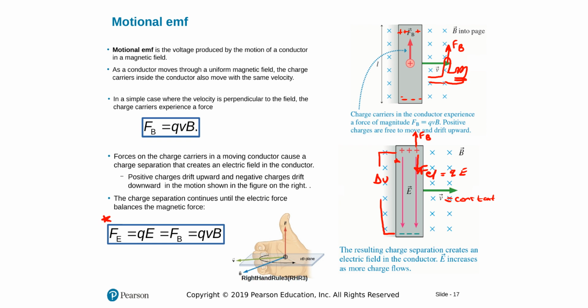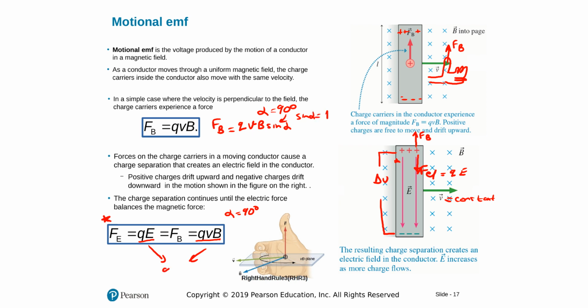What we can do is put down the equations. Remember, electric force QE, magnetic force QVB. Here alpha is 90 degrees again, so we're dropping sine alpha. Always keep in mind magnetic force is actually QVB sine alpha. But if alpha is 90 degrees, like in this picture, sine alpha is 1, so it is dropped.